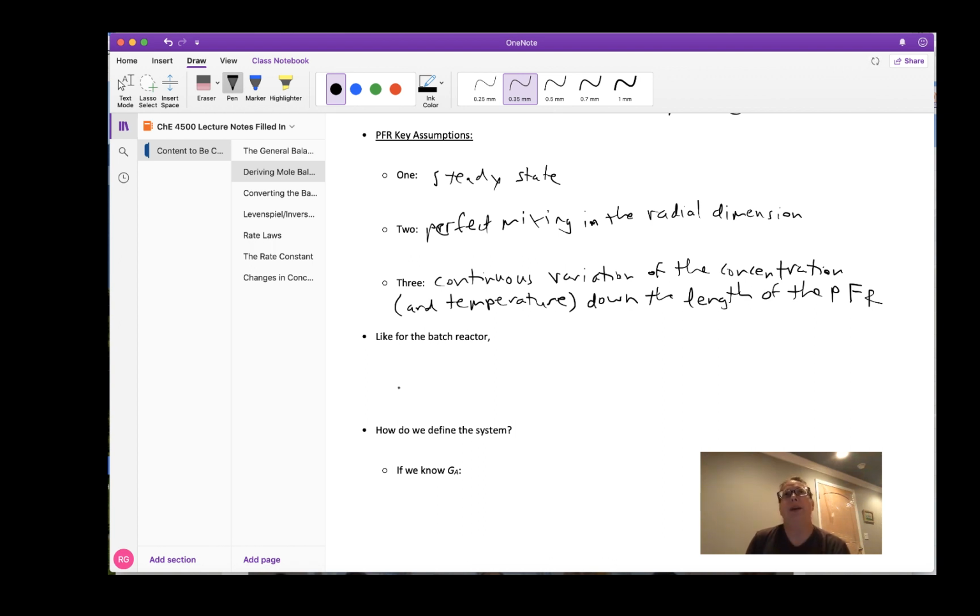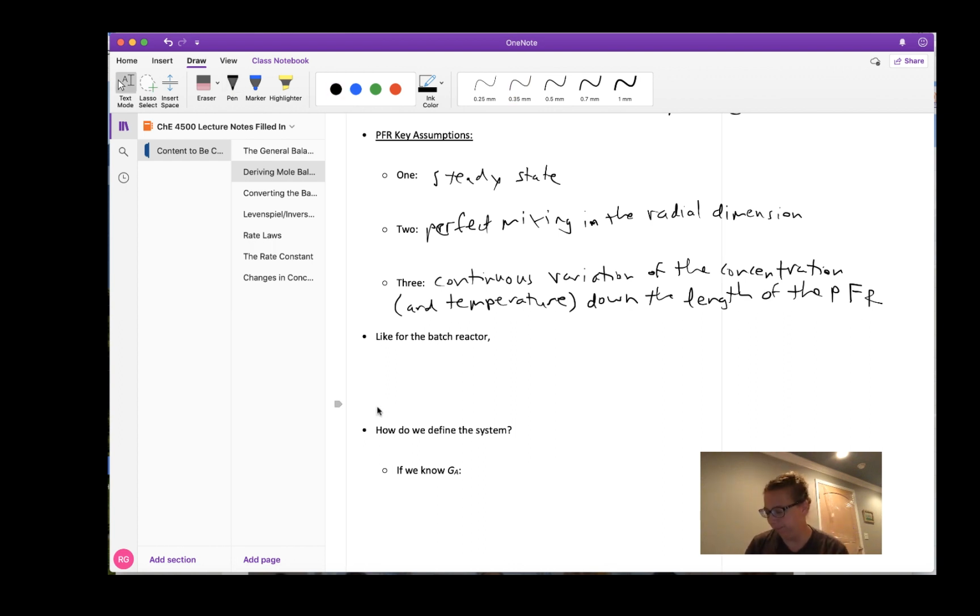So like the batch reactor, the PFR does not have a constant concentration. In the CSTR, the concentration was uniform throughout the CSTR. In the batch reactor, it's uniform throughout the batch reactor, but it changes with time. In the PFR, the concentration changes down the length of the reactor. However, at any snapshot in time, you could pick any location along the PFR, and the concentration would be constant at that location.